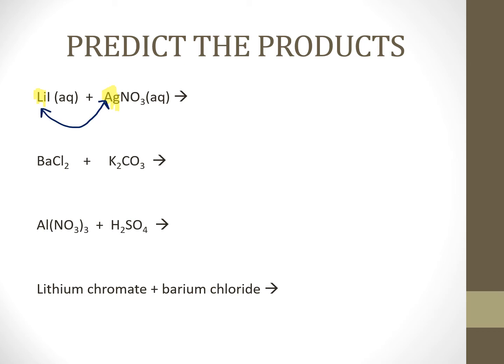So now Ag will be paired with iodine plus lithium is now paired with nitrate. Now check your charges. Silver we know is always a 1+, iodine's a 1-, so AgI is correct. Lithium's a 1+, nitrate's a 1-, LiNO3 is correct. Since these all are 1, this is balanced.